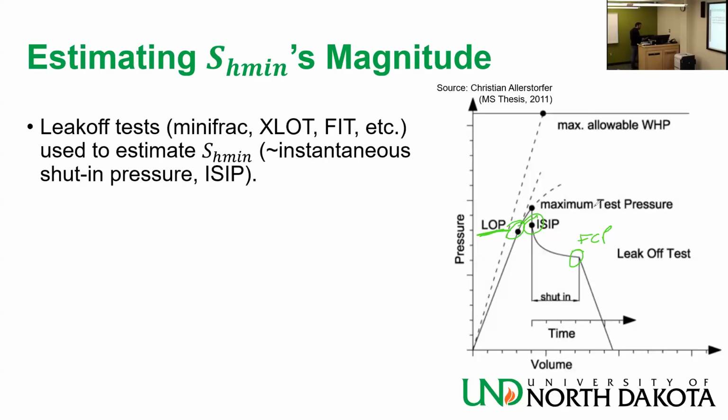Generally, you have to take the highest one. So for this class, I'm just playing a numbers game with my chances, and I'm telling you ISIP. We'll be calling it the approximation of SH. But don't be surprised if you read a paper and they use leak-off pressure values for SH. It's not unlikely.